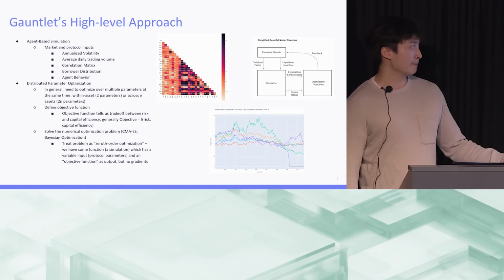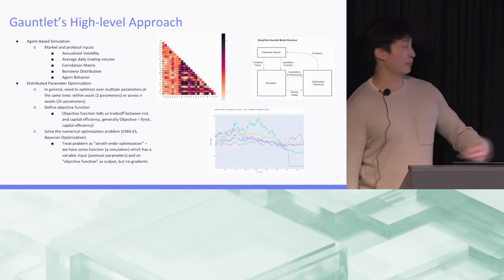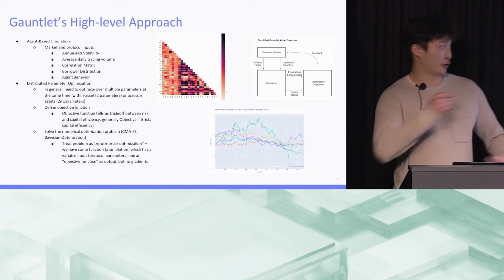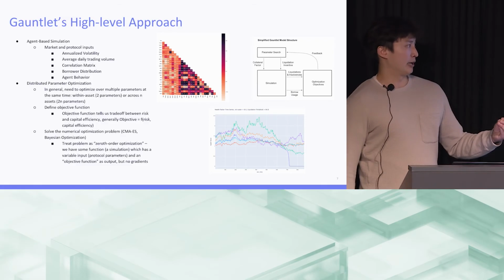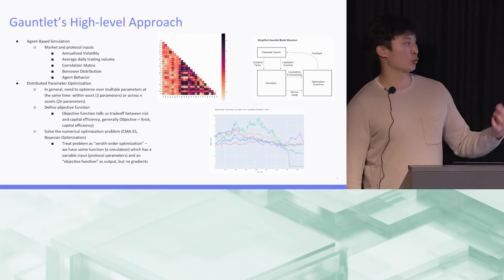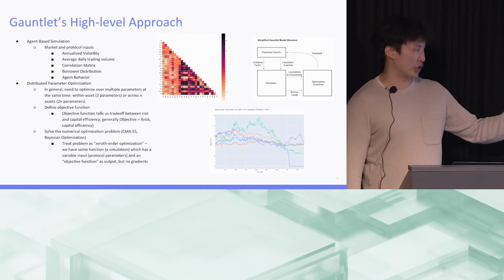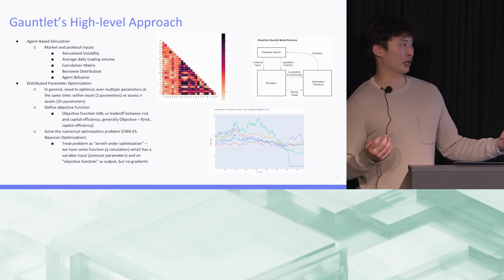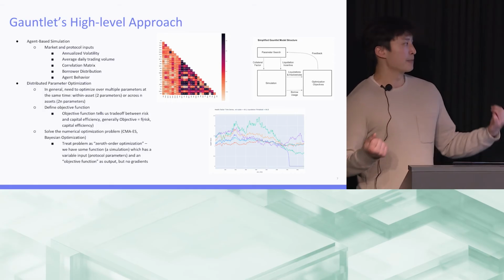And with that data, you could then feed it into a distributed parameter optimization problem, right? Very simply, you want to define an objective function that details what you want to optimize for. Generally, you want to think of this as a function of risk and capital efficiency.